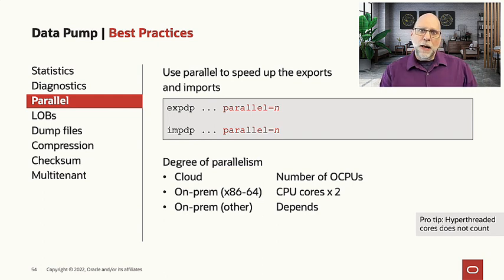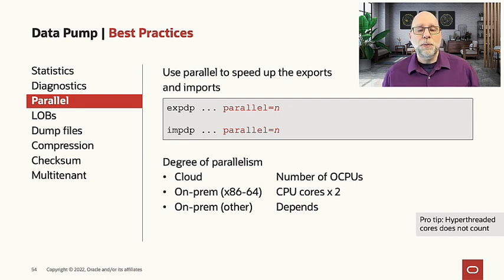But let's get back to this concept of physical CPU cores, because it's not the same as CPU count. That parameter that you can query out of Oracle, CPU_COUNT, is actually the number of physical cores times the hyperthreading factor for that CPU architecture. So on an x86 system, which is generally two-way hyperthreaded, CPU count will be 2 times the number of physical CPU cores.